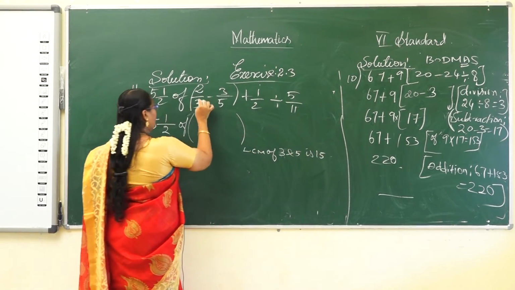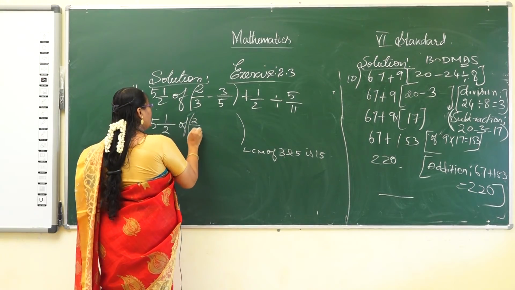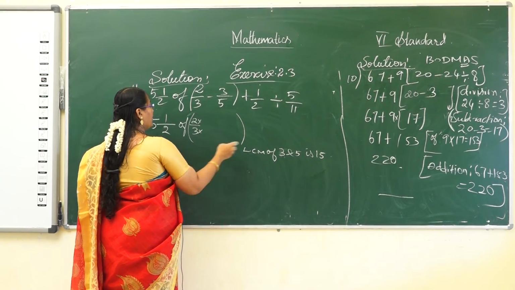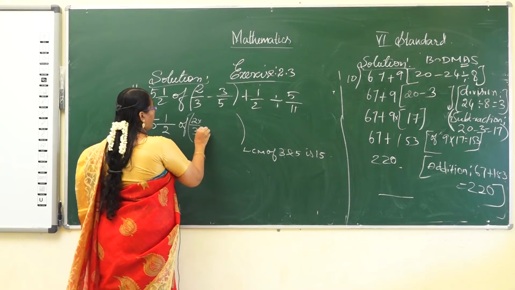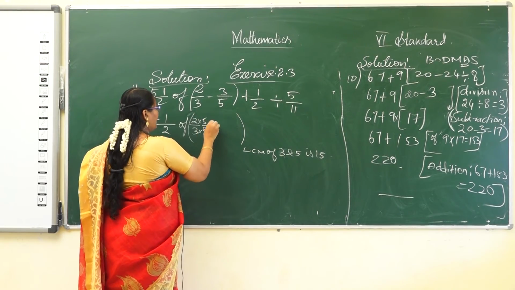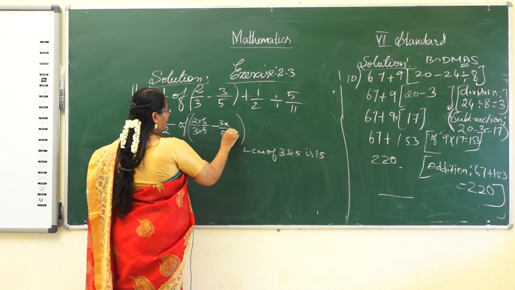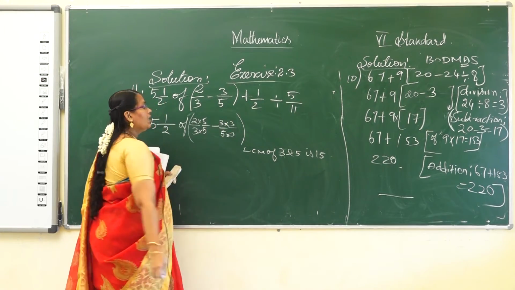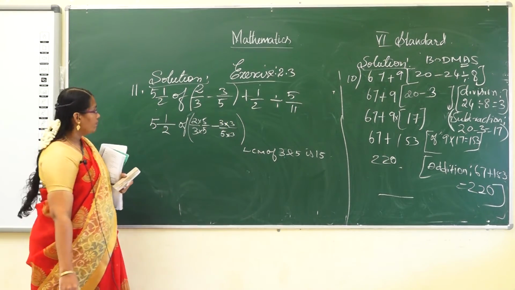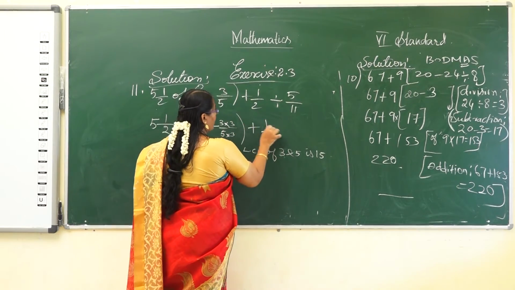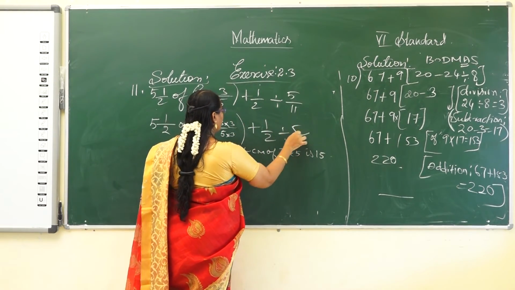Okay. So for 2 by 3, the denominator, which number multiplied gives the denominator as 15? 5. The same number also multiplies the numerator. And for 3 by 5, the denominator is multiplied by 3, at the same time the numerator is also multiplied by 3. Plus 1 by 2 divided by 5 by 11.